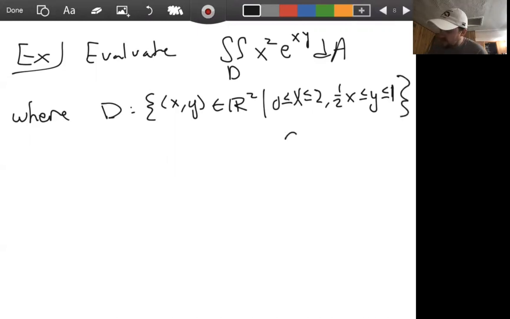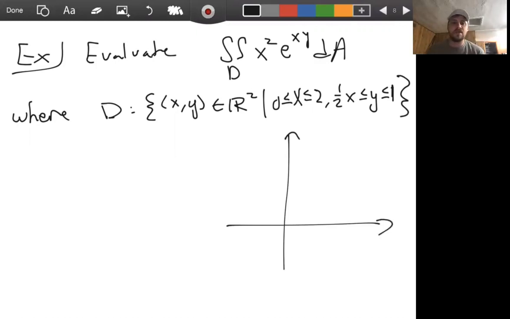Okay, so let's see what this region looks like. Understanding what it looks like geometrically can really help when switching back and forth between regions. We have x between 0 and 2, and then y between 1/2 x and 1. 1/2 x is a line through the origin with slope 1/2, so we go 2 units over and 1 unit up, because it's rise over run.